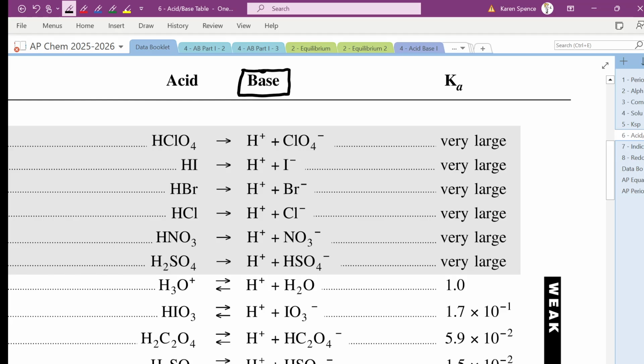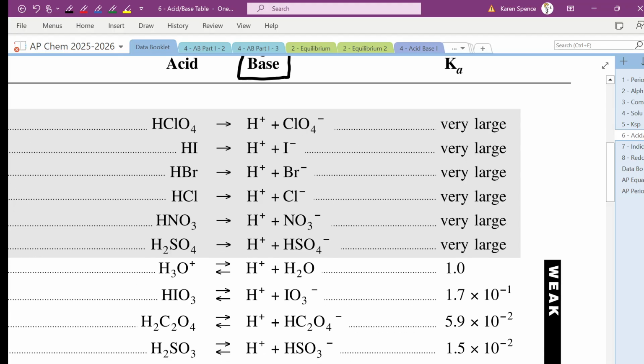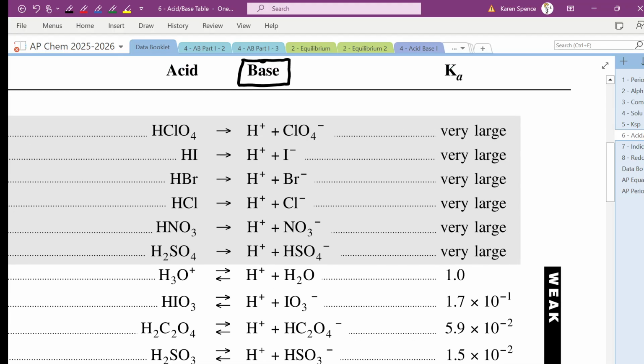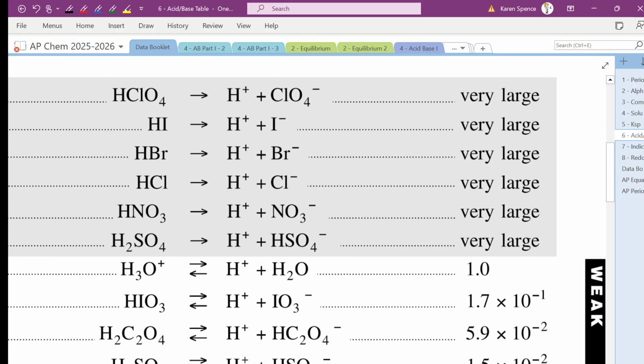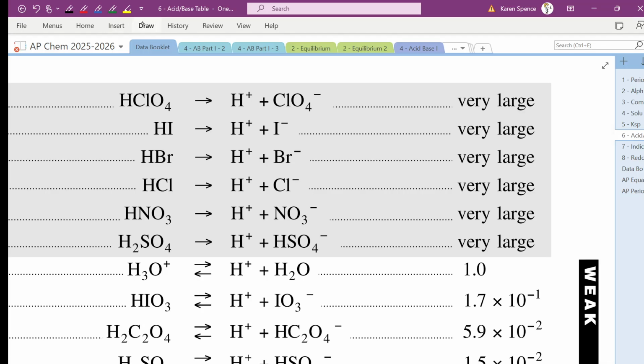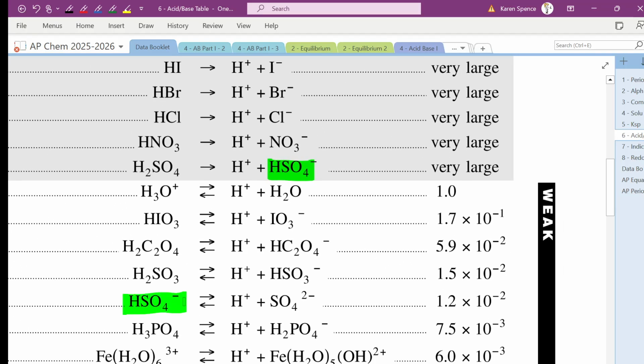So let's look at our bases. Can you find, what's the first thing you come across that has an H and a negative? HSO4. So we have HSO4 here on the base side, and we have HSO4 here on the acid side. I would like you to look at the arrows.